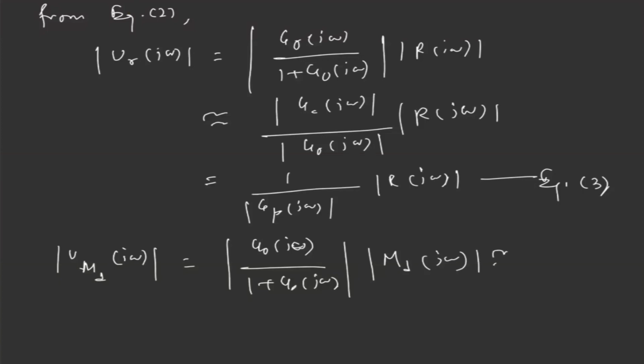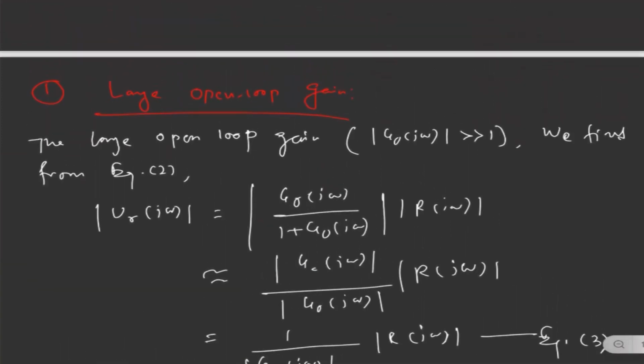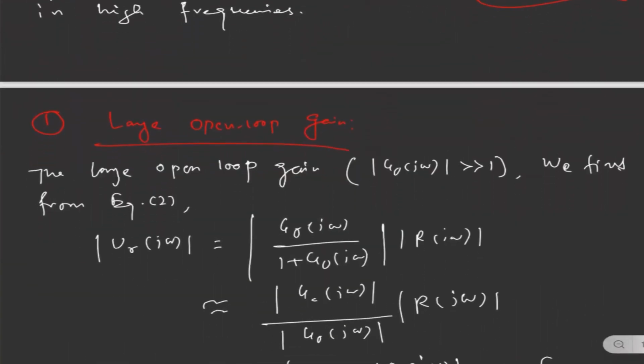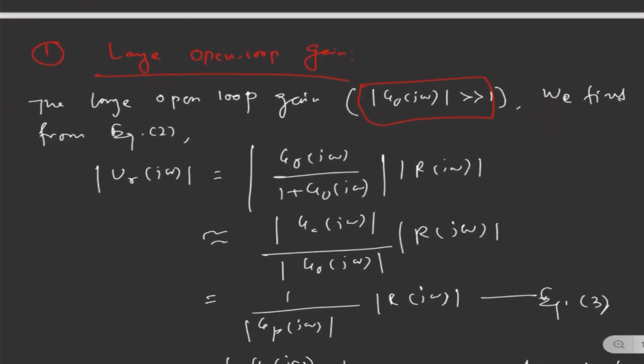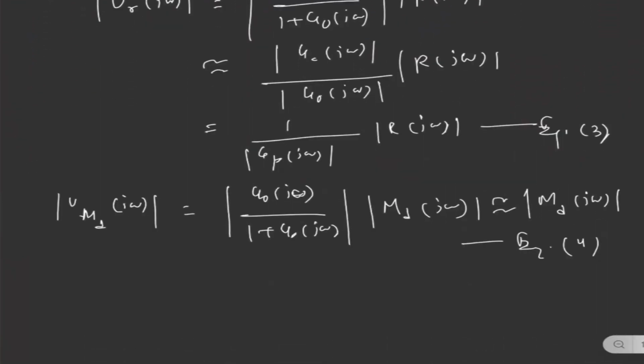We can write equivalently MD(jω). Let us write this equation number 4. So under this condition we are getting the final expression, basically for the large gain. So these are the equations we're getting.